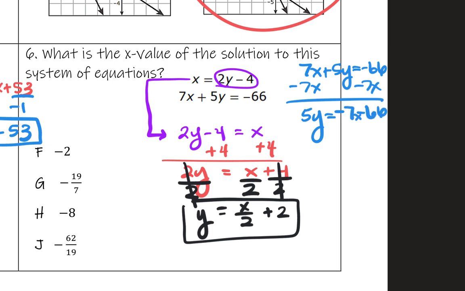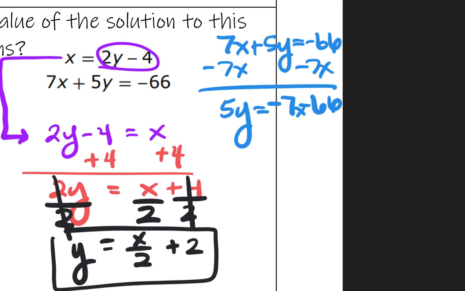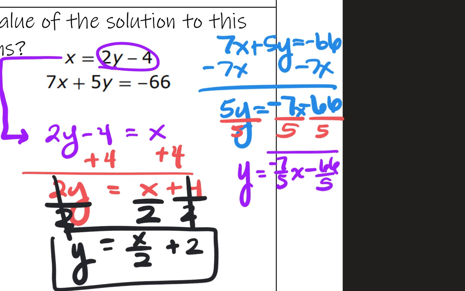Because the 7 has an x, the 66 doesn't. So then how do I get the y by itself? Divide everything by 5. All right, so I have y equals negative 7 over 5x minus 66 over 5. So this is your second equation.